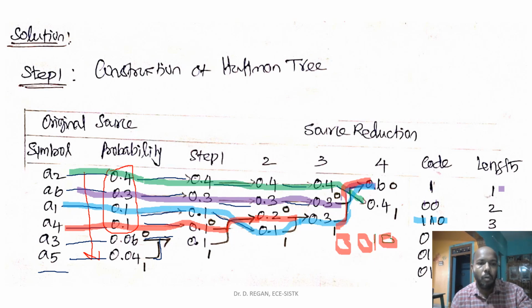Now the last 2 symbols left are A3 and A5 only. Again I am going here to 0.6. I take another one. 0.6, 0. Coming down here, this branch is closed, 1. So in 1 branch I am taking 0. Here in this 1 branch closed, the 0th branch is now going. In this branch, 0 is closed, 1 is left.